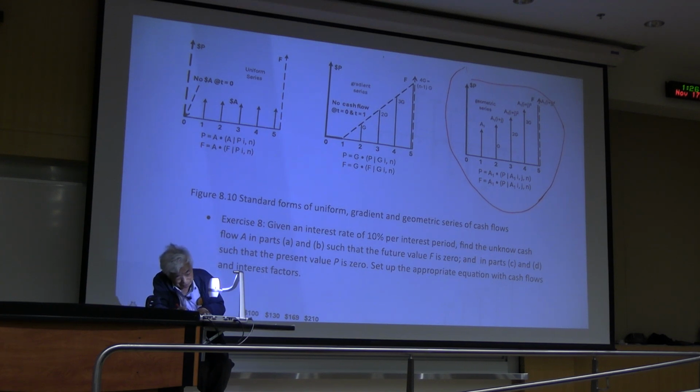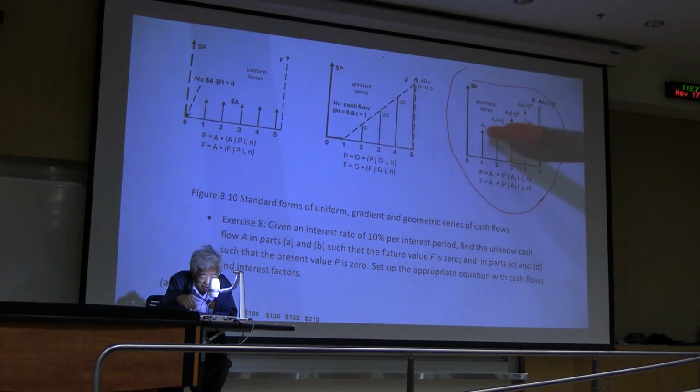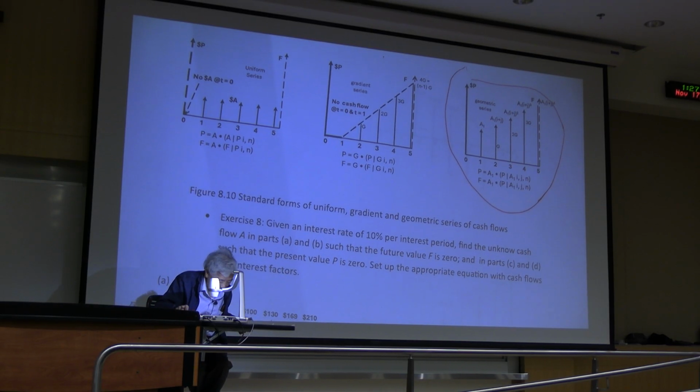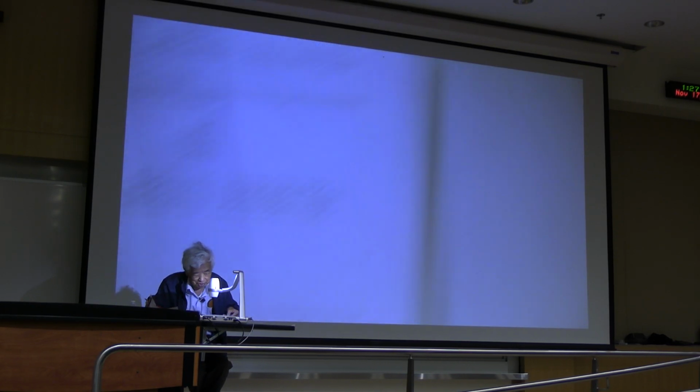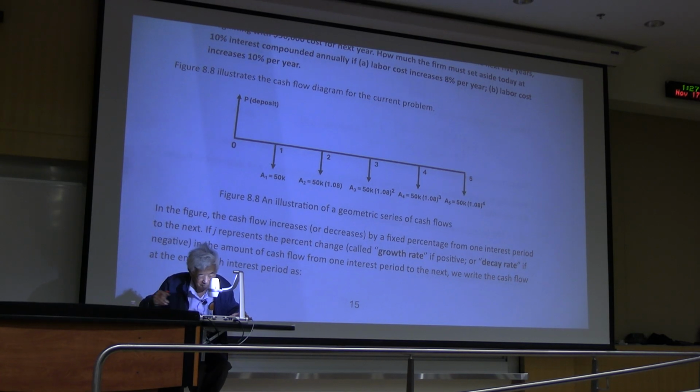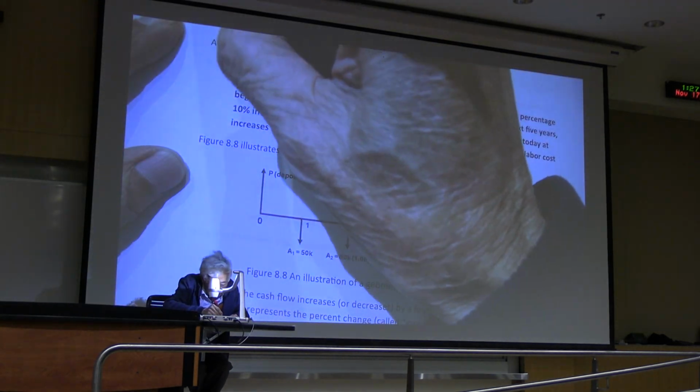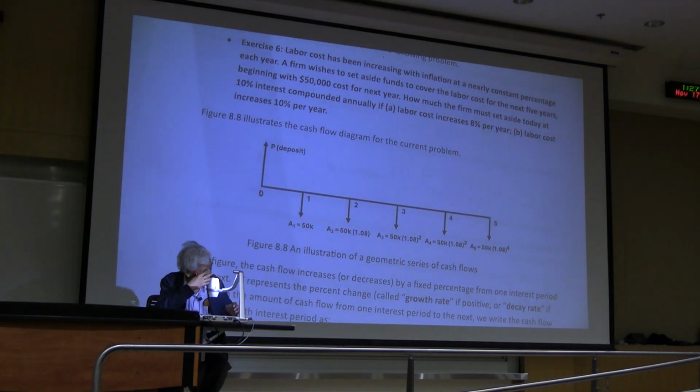Then we'll do 4 in-class exercises together. You'll find out how to apply those standard cash flow series and write interest factors. Go to page 15 of your class notes. Geometric series.